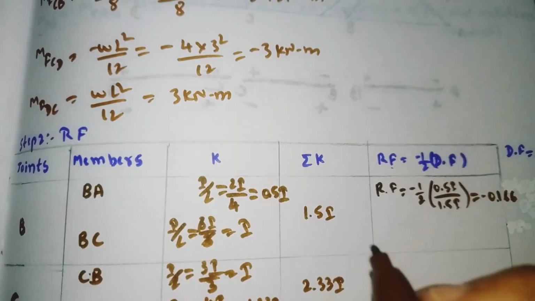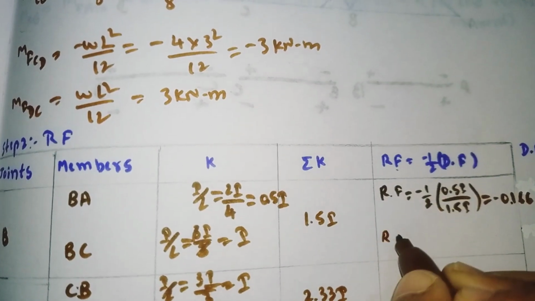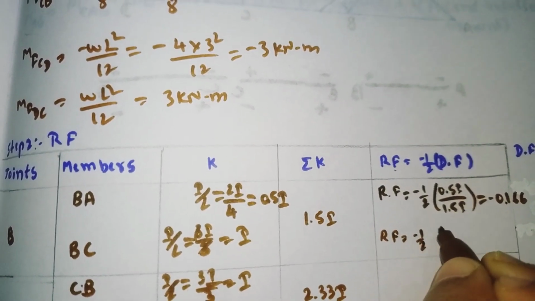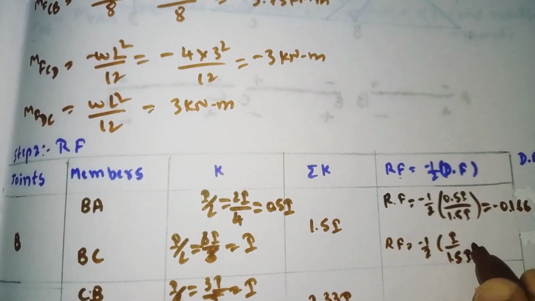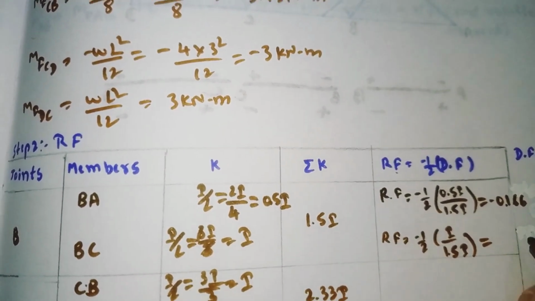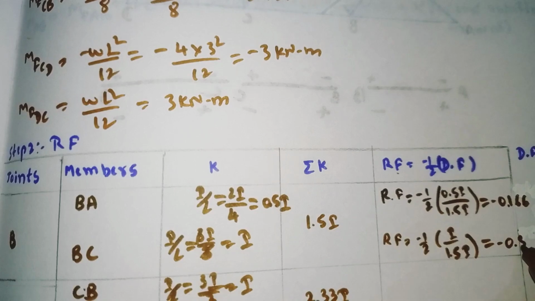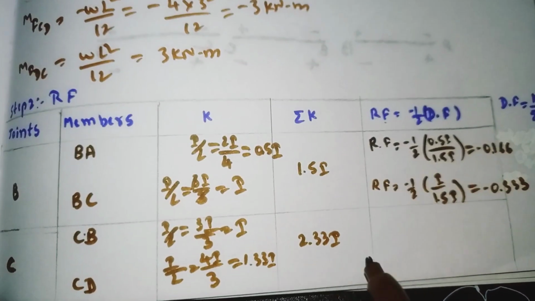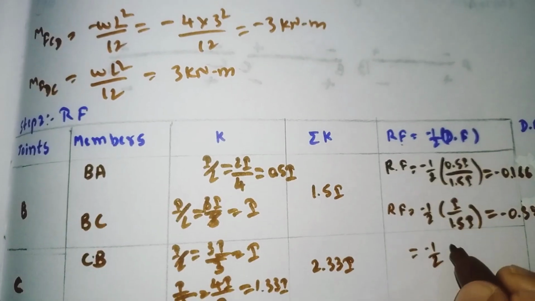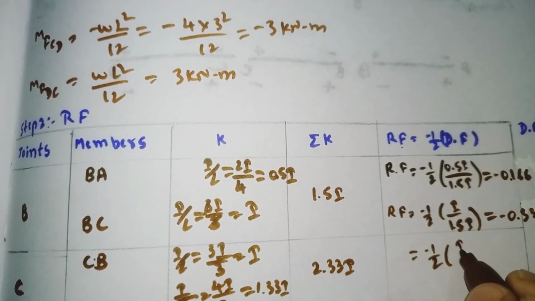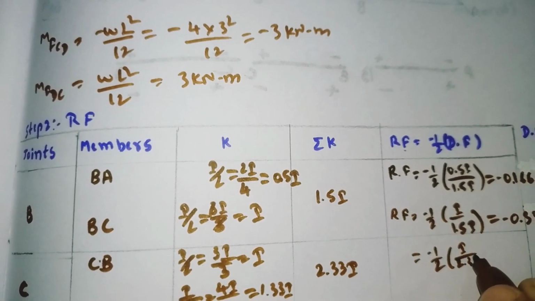Similarly for member BC, rotation factor is equal to minus half of k is I divided by summation of k is 1.5I. By simplifying, it will come out as minus 0.333. For member CB, minus half, here also k is I divided by summation of k is 2.33I.